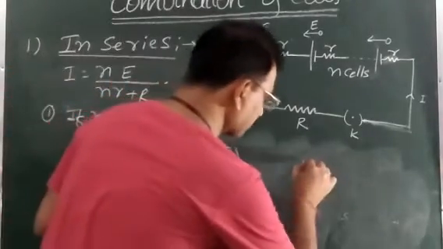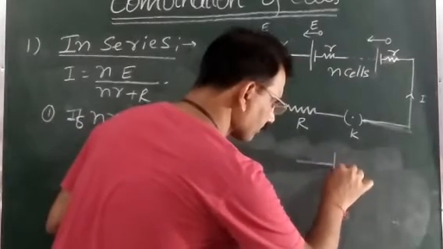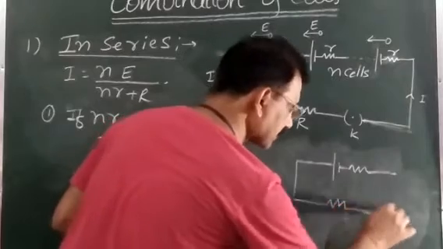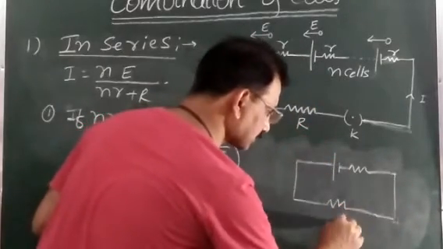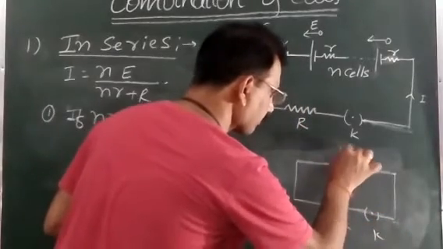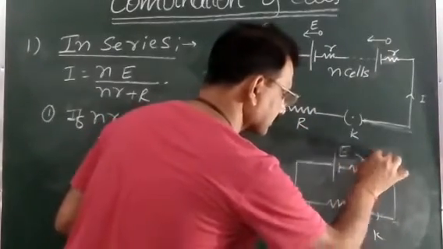Now suppose we take only one cell, which sends current in the same external resistance R. Its EMF is E and internal resistance r.